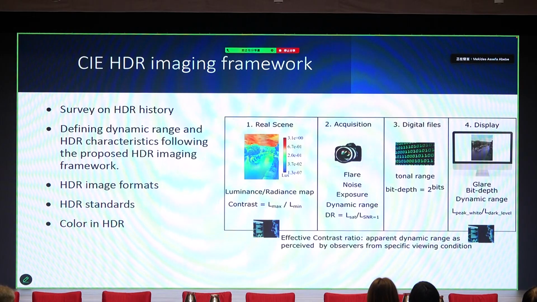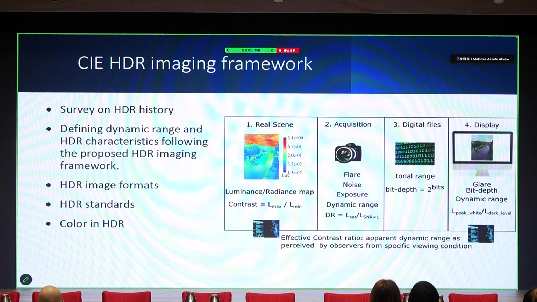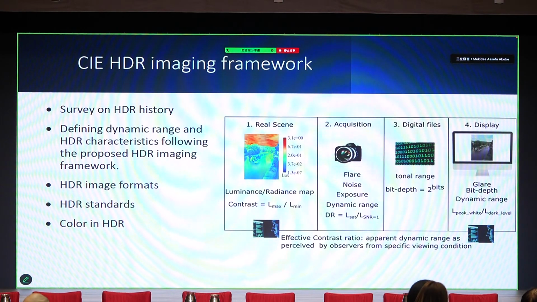And then when we talk about display, as Timo already mentioned, display is completely different from the camera. So the HDR characteristics, when HDR image sequences are rendered on the display, might need more additional features and properties to be considered in order to properly define them. Next slide.